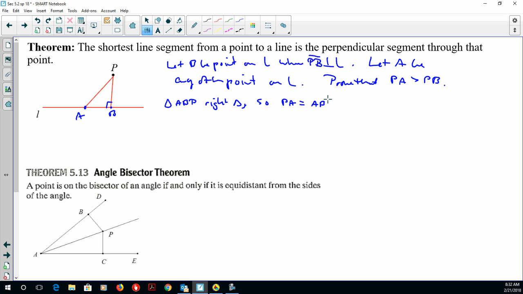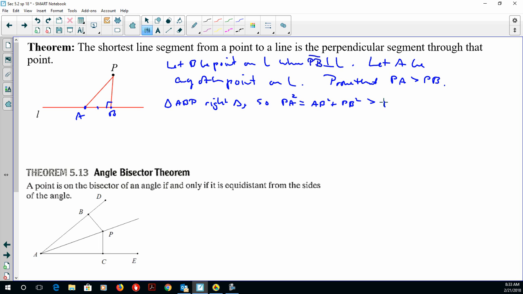Now, A is not equal to B, so the distance from A to B is not 0. In particular, then, this number is something plus PB squared, so it's bigger than PB squared.